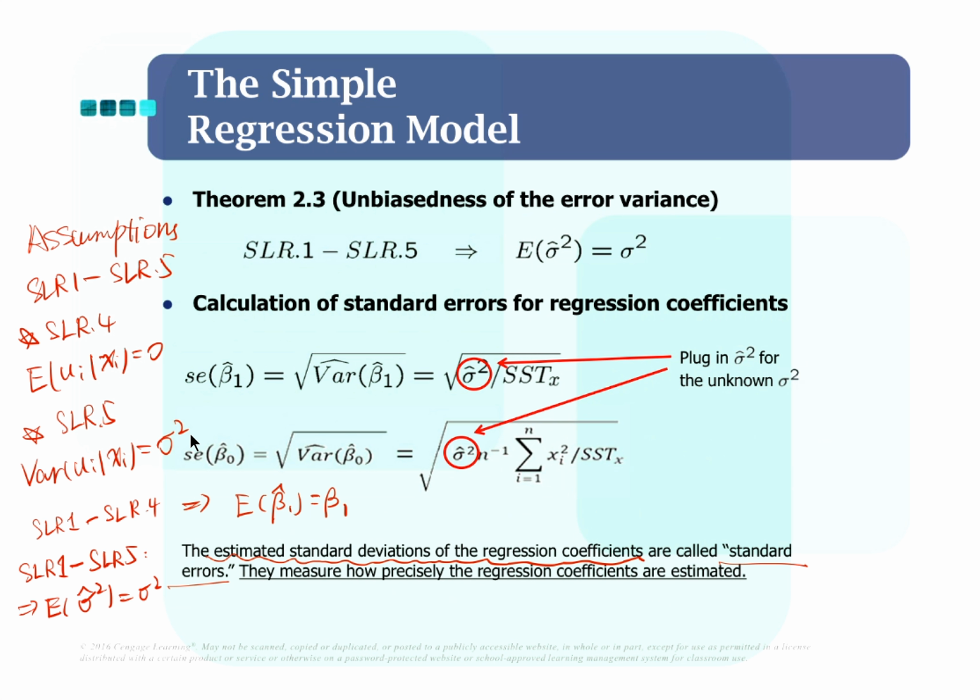And you need to know the formula of sigma hat squared, which is 1 over n minus 2 times the sum of ui hat squared.